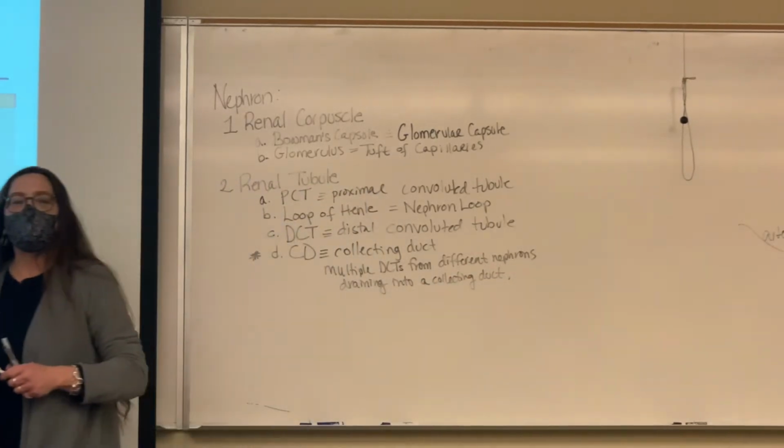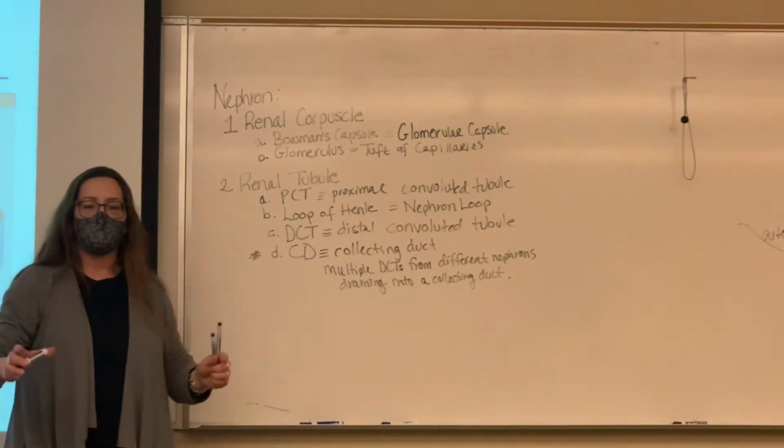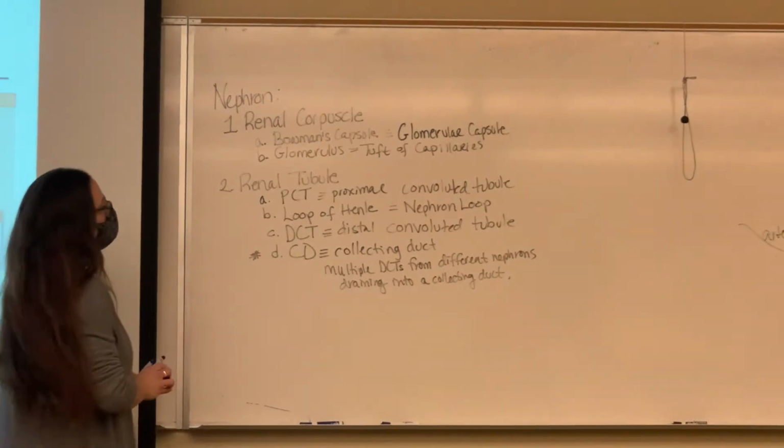That's why it's often not called part of the nephron, because you don't have one per nephron. You have one per multiple nephrons. Multiple DCTs from different nephrons will drain into a collecting duct.